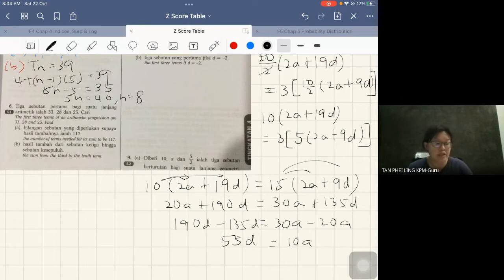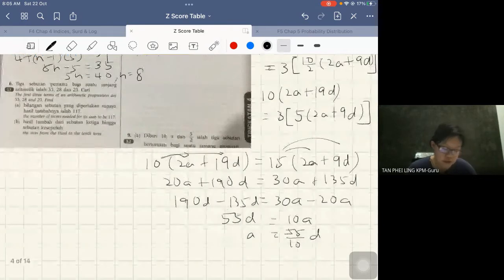They just want the relationship between a and d. You can either stop here, but I would recommend you to always leave a alone. So you have 55 over 10 d, which will be your fraction.